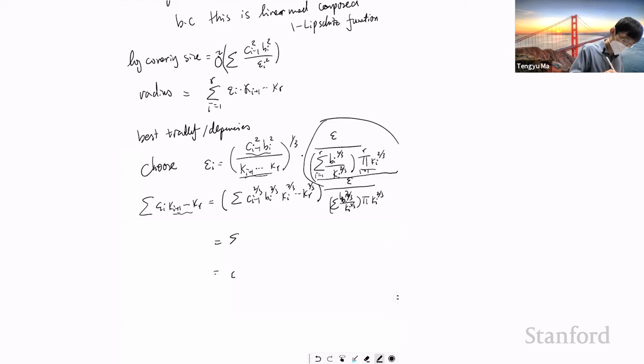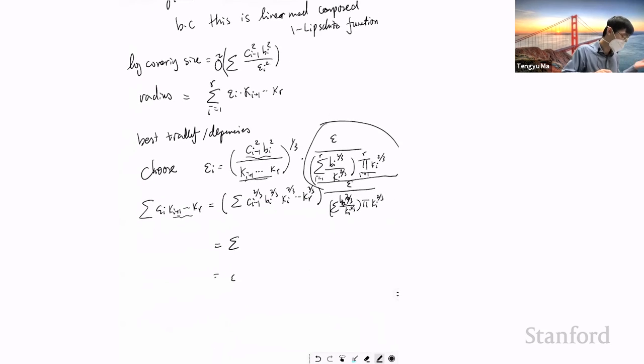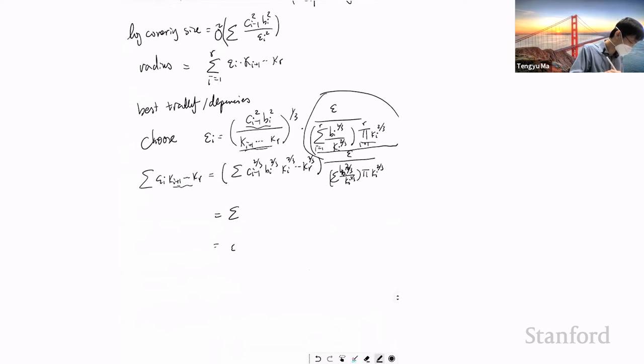So anyway, let me do this tedious thing. Recall that C_i is the norm bound, and C_i is defined to be some product of kappa_i's. So let's put b_i in the front, and then you get C_i is kappa_1^{2/3} up to kappa_{i-1}^{2/3}. This corresponds to C_{i-1}. And then you get kappa_{i+1}^{2/3}, that's from here. Wait, this is kappa_{i+1}, sorry.